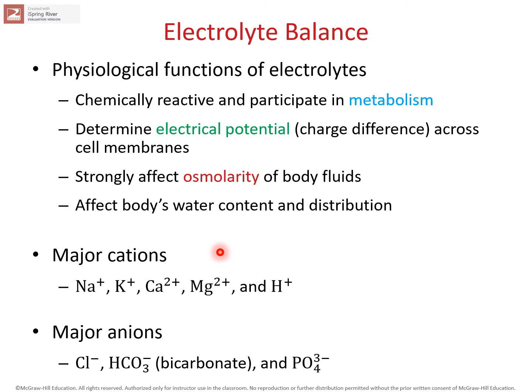The major cations in the body are sodium, potassium. Now, we will focus quite a bit on sodium and potassium and how they affect the resting membrane potential. And then you have calcium, magnesium, hydrogen. Major anions or negatively charged ions include chloride ions, bicarbonate ions, and phosphate ions.